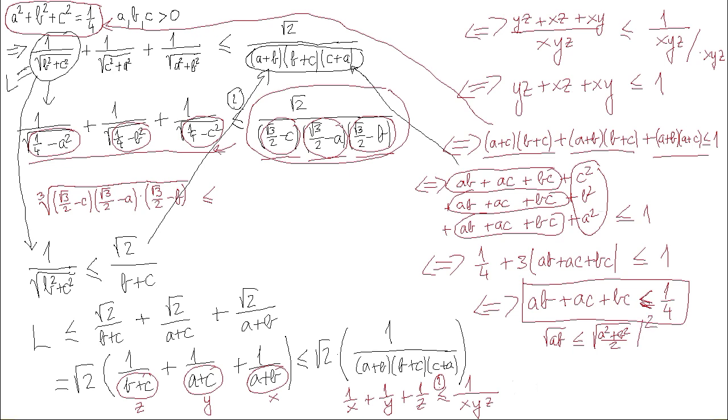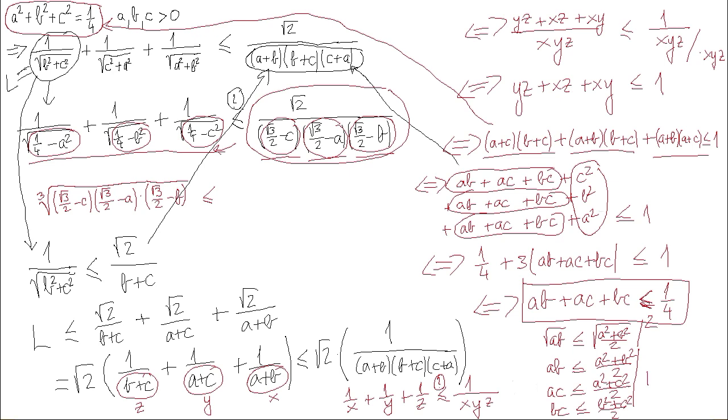And if we square this, we get equivalently that AB is less than or equal to A squared plus B squared over 2. Similarly, we have AC less than or equal to A squared plus C squared over 2, and also BC less than or equal to B squared plus C squared over 2.